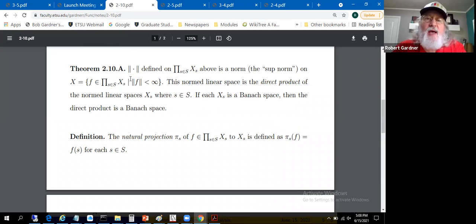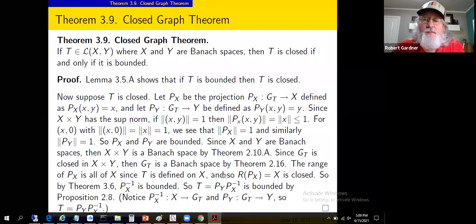Theorem 2.10.a said, if X sub S is a Banach space, and we look at the Cartesian product of X sub S's over any indexing set S, then the Cartesian product, the direct product, is a Banach space. So direct products, Cartesian products of Banach spaces are Banach spaces. Theorem 2.10.a, back to the proof. So X times Y is a Banach space.